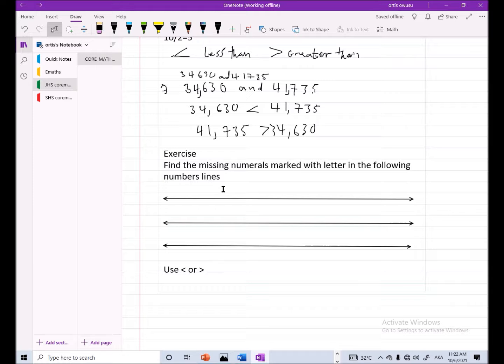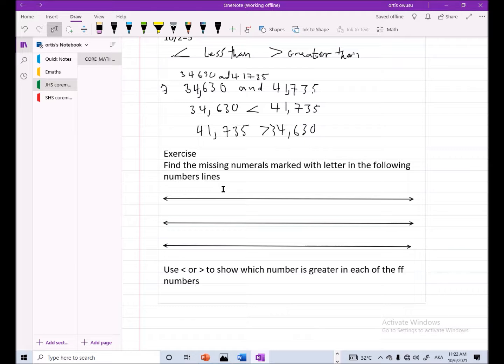No. To show which number is greater in each of the following numbers.